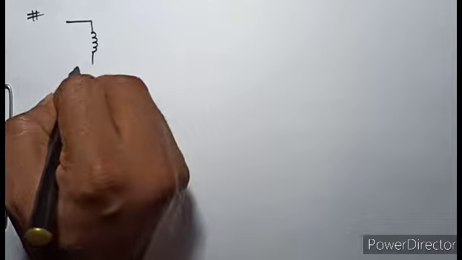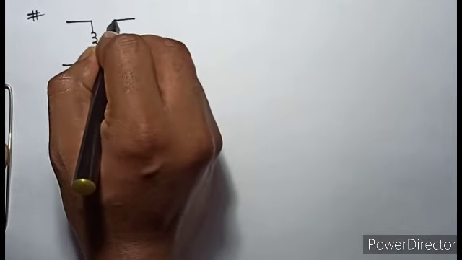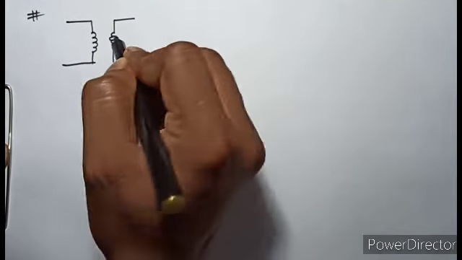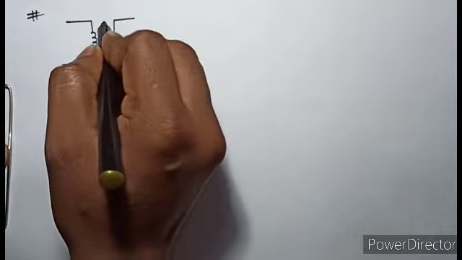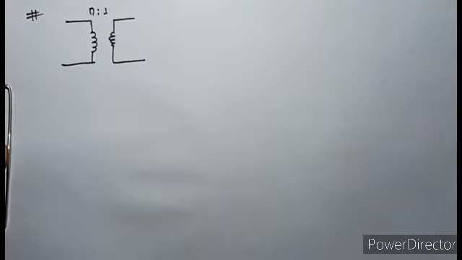This is our problem number 2. Consider this ideal transformer, and its turn ratio is given as n is to 1.